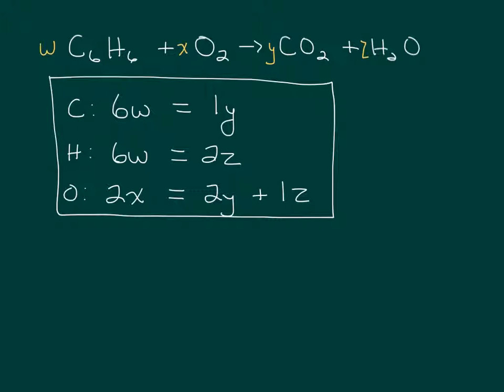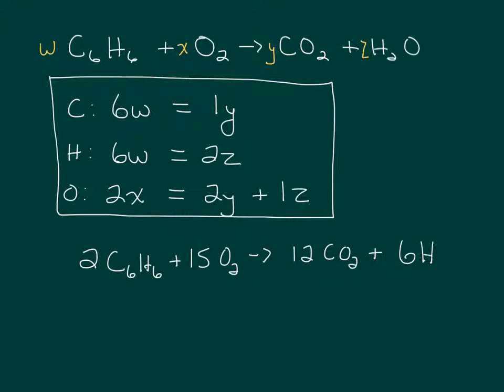So what I did for you was, if I scroll now back to the original equation, we now can see that we should have 2 C6H6 plus 15 O2, and that would be 12 CO2 and 6H2O.